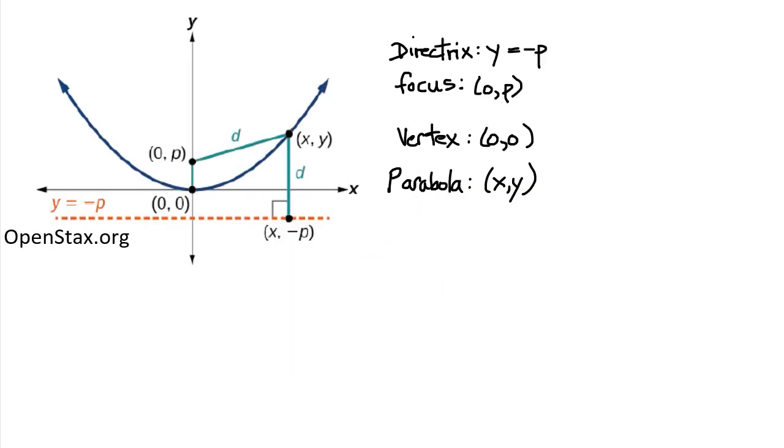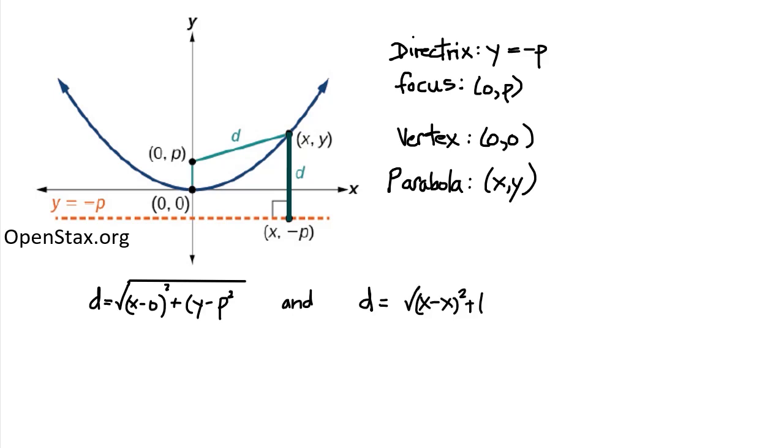The distance from the focus to the parabola is the square root of (x minus 0) squared plus (y minus p) squared, and the distance from the parabola to the point (x, minus p) is the square root of (x minus x) squared plus (y plus p) squared.